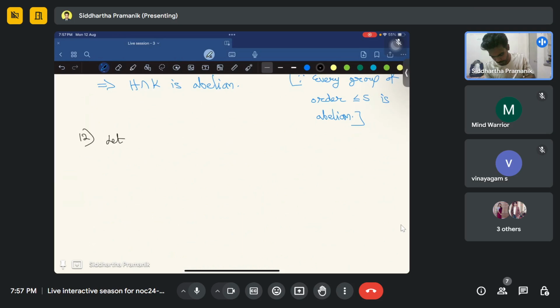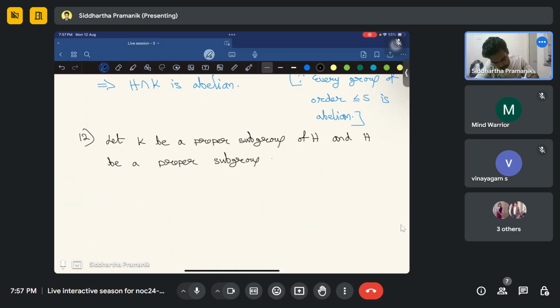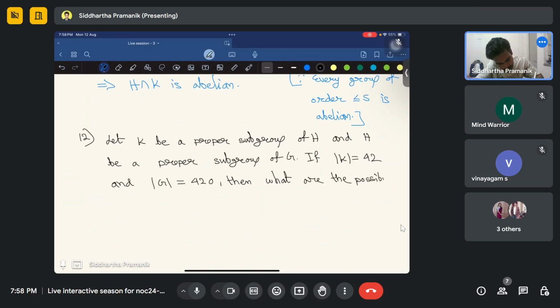So let K be a proper subgroup of H and H be a proper subgroup of G. Now, if the order of K is 42 and the order of G is 420, then what are the possibilities of the order of H?